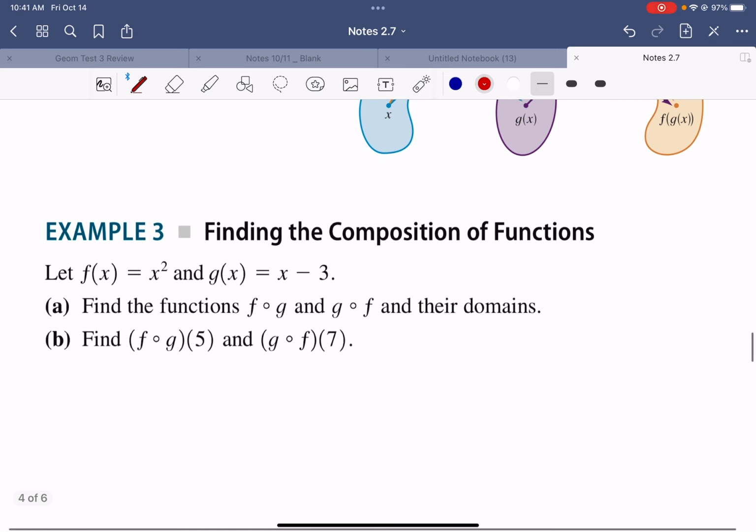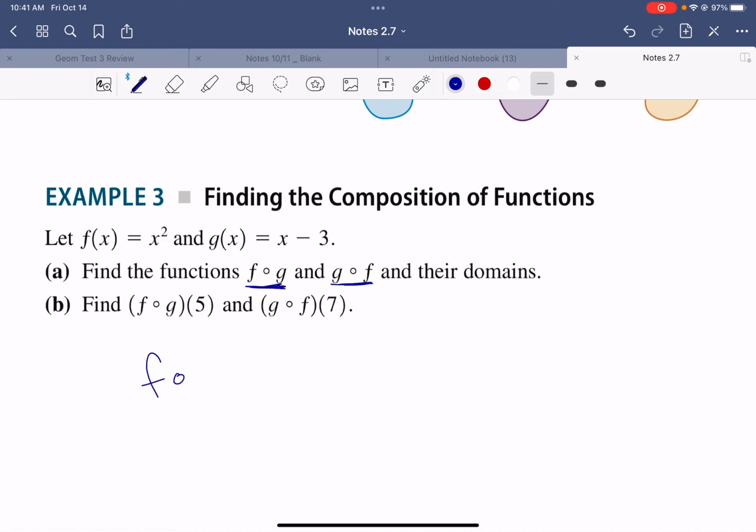So let's see if we can do an example. It says find f of g of x and g of f of x for these two functions. So again, it's an assembly line. Let's first find f of g of x. That means you take g of x, whatever you get. I plug x into g of x, and I get out x minus 3.